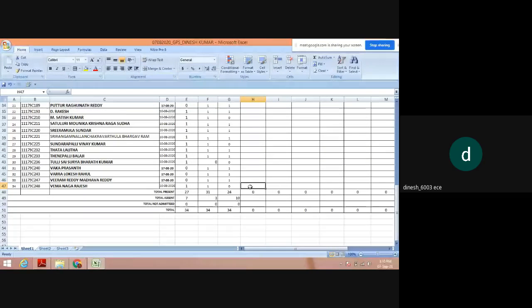Nagarajesh, yes, sir. Madhav Reddy, Lokesh Rahul, yes, sir.